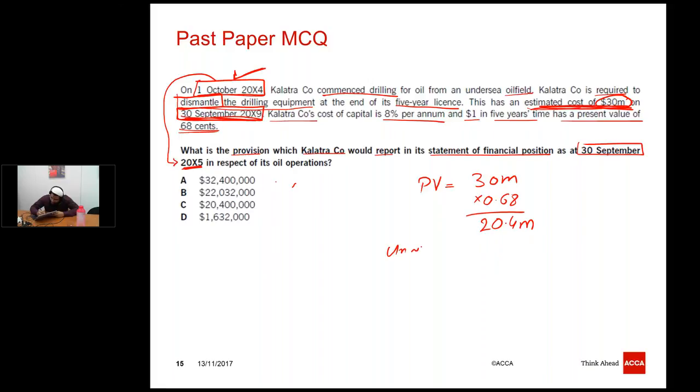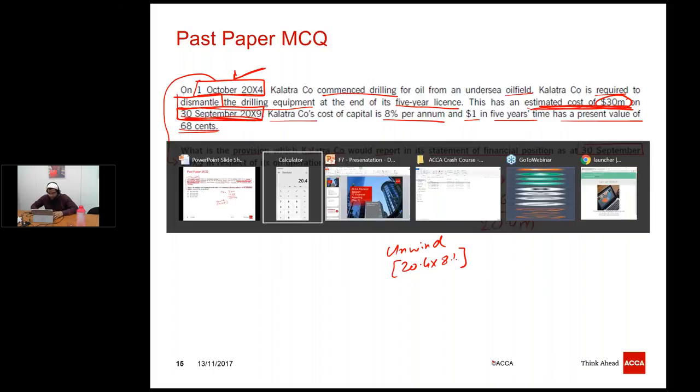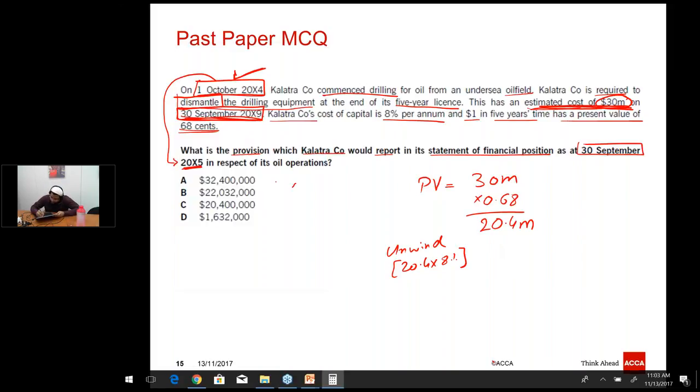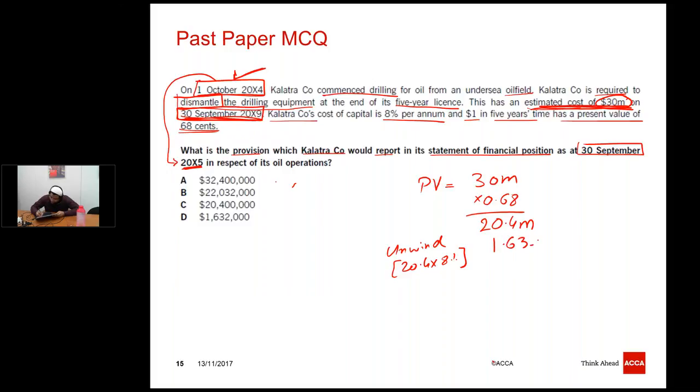The unwinding will be 20.4 into 8%. 8% of 20.4 is 1.632, so I add 1.632, and this becomes 22.032.